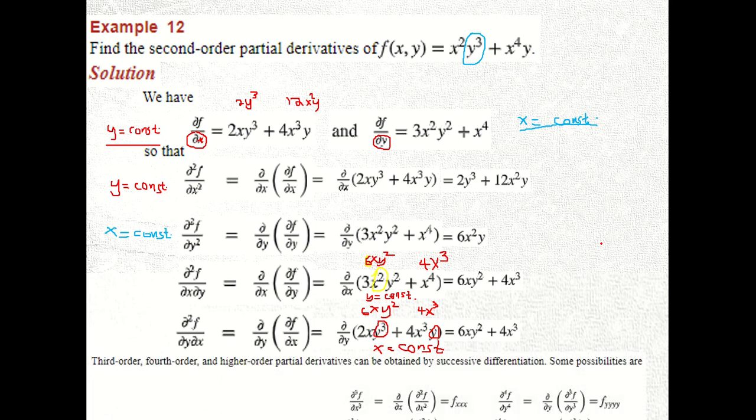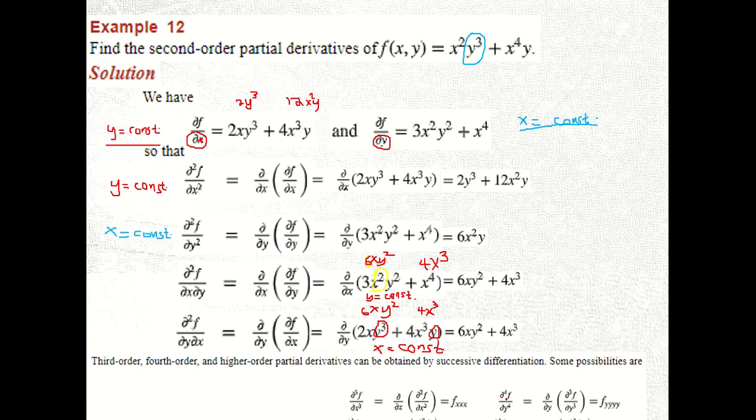You have to take note, class, that the third order, fourth order, and higher order partial derivatives can be obtained by successive differentiation. Some possibilities are the following. The third partial derivative of the function with respect to x is equal to the partial derivative of the second order partial derivative with respect to x, or simply f sub triple x, or f sub x x x.